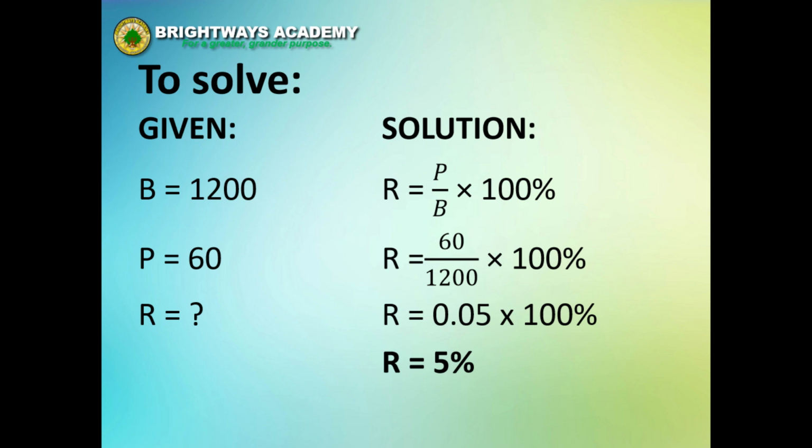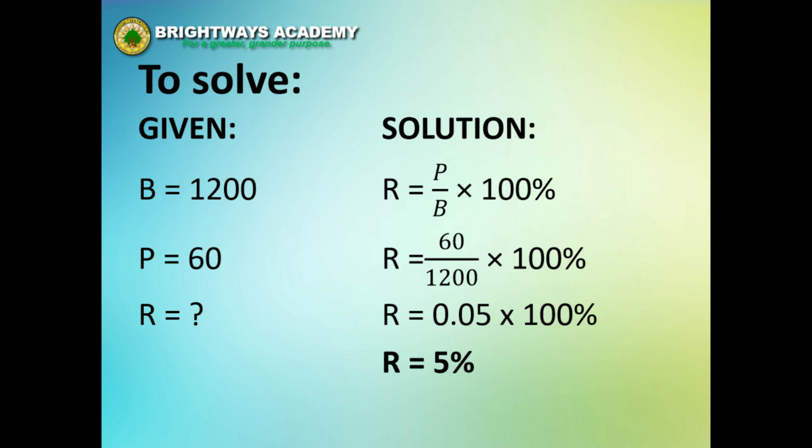We have the base which is equal to 1,200 and the percentage which is equal to 60. Following the formula, we substitute the given: R, or the rate, is equal to P, which is 60, over 1,200, which is the base, multiplied by 100.